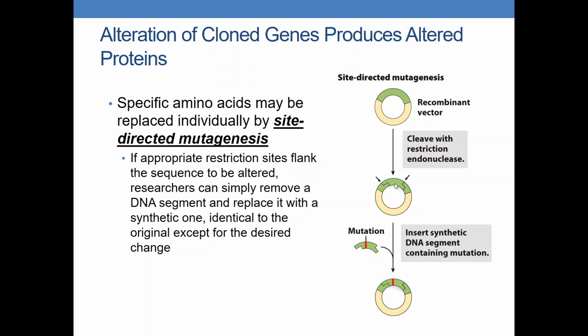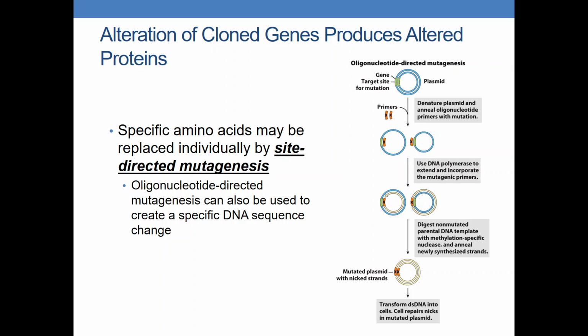Basically I've cut out the normal part and I've replaced it with a DNA fragment that has a single site mutation, and then I can ligate this shut and use the methods that I've talked about to select for the appropriate plasmid and then induce protein expression. So I could use this to induce protein expression and then purify my mutant protein and test the functional consequences via enzyme assays of that original mutation that we're talking about here.